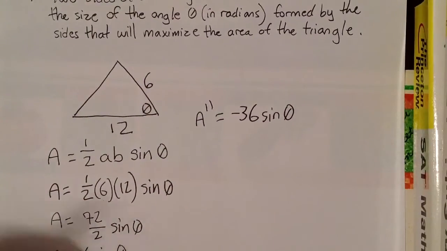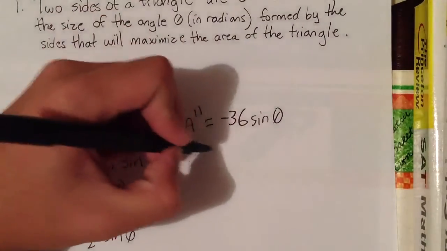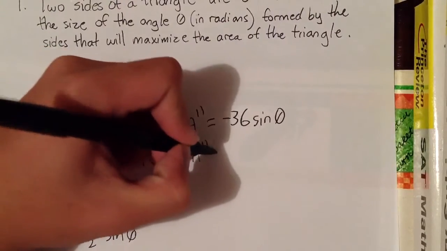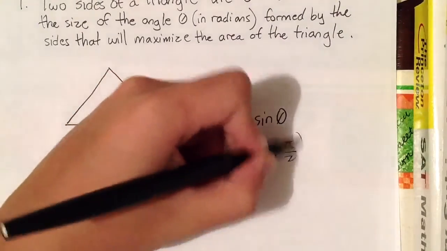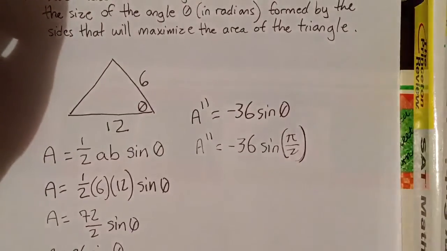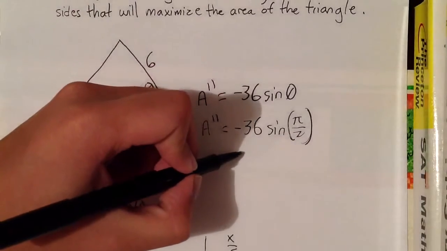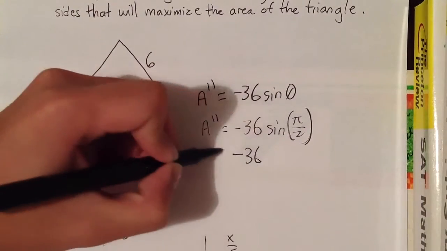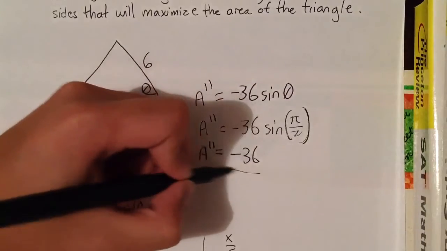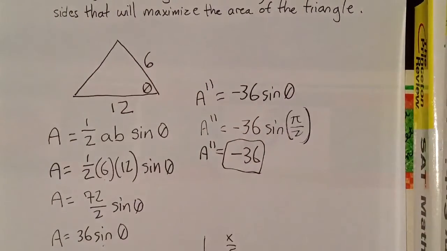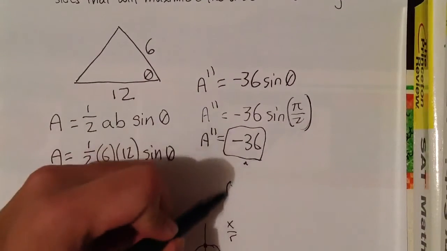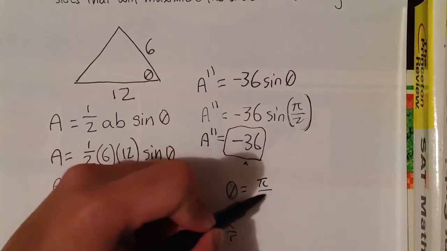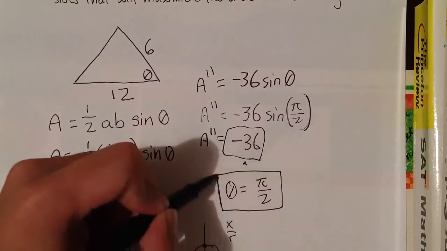So I'll go with pi over 2. Now sine of pi over 2 is just 1. So the answer is negative 36, which means if the second derivative is negative, then pi over 2 must be a maximum. So we have pi over 2 as the answer. And you're done.